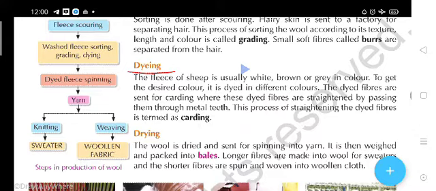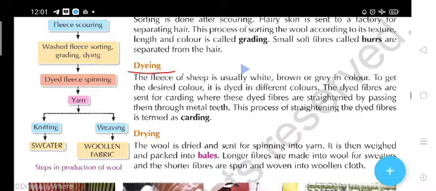So is it possible to produce such colors naturally? It's not possible. So the dyeing process takes place there. In this dyeing process, what do we do? The fleece of the sheep is usually white, brown or gray in color.